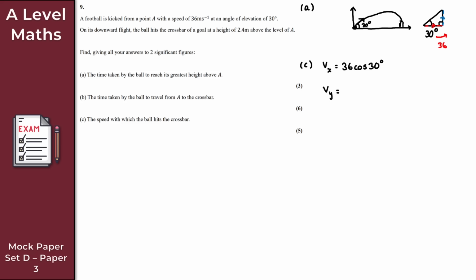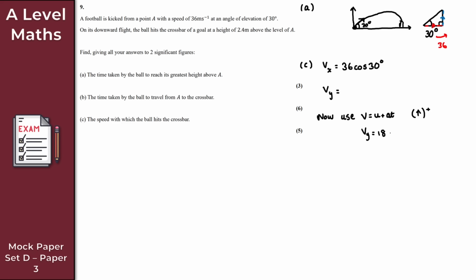So what we're going to use here is V is equal to U plus AT. V here, that's what we want to find, that's going to be Vy. So Vy is equal to U, which is simply 36 sine 30 degrees, so it's going to be 18, and I'm taking up as positive here. I should really be defining that as I go.